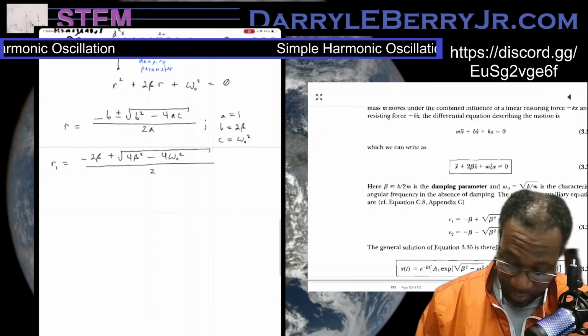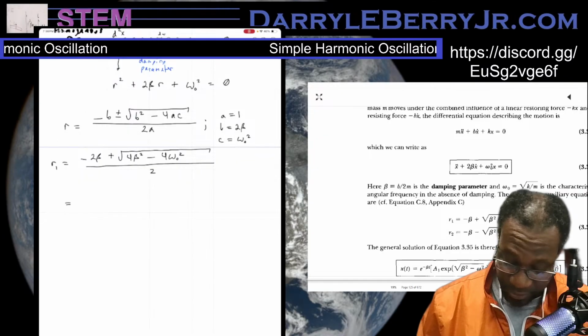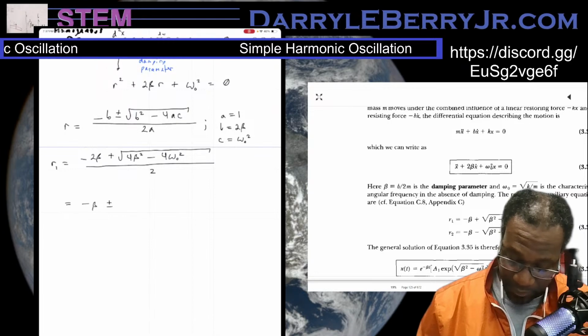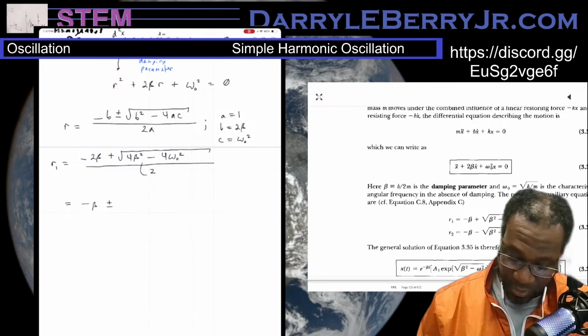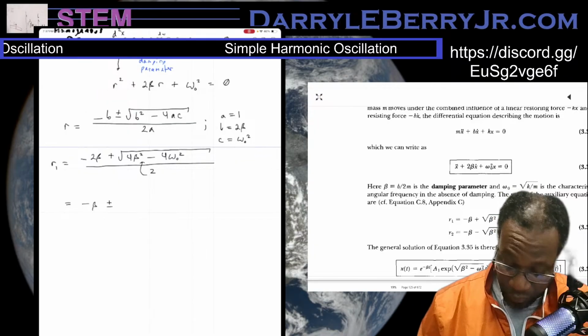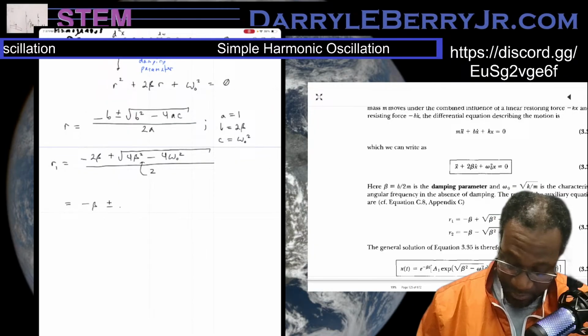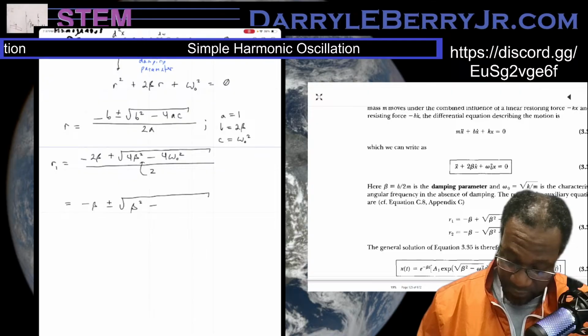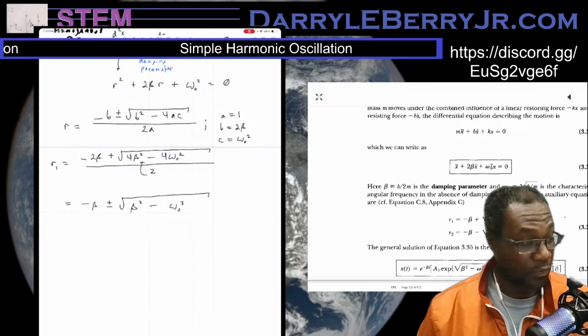We can divide the 2 into everything, so this will be negative beta plus or minus. When I divide the 2 into the square root, it becomes 2 squared, so it becomes the square root of 4 divided by 4, which is just beta squared, and then the other 4 gives omega naught squared.